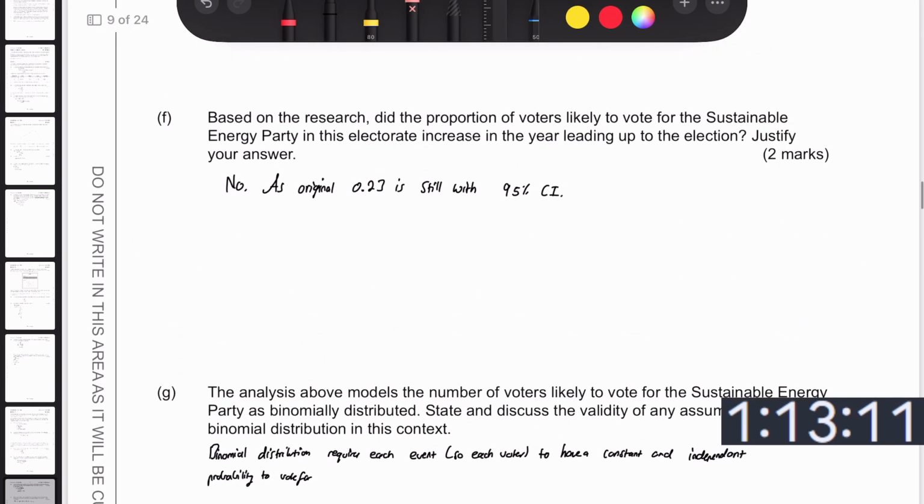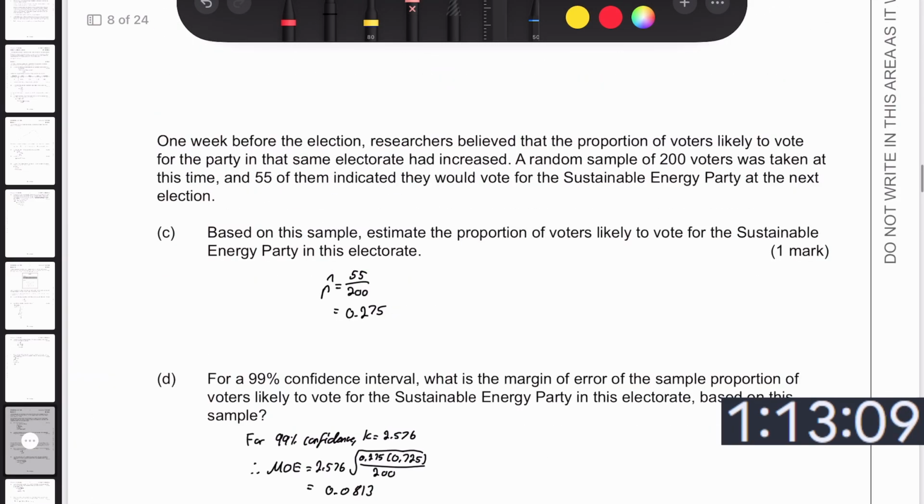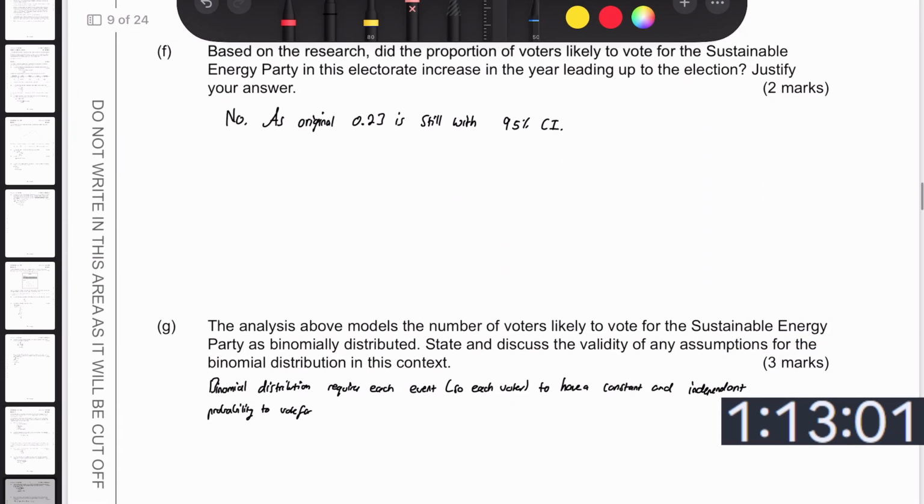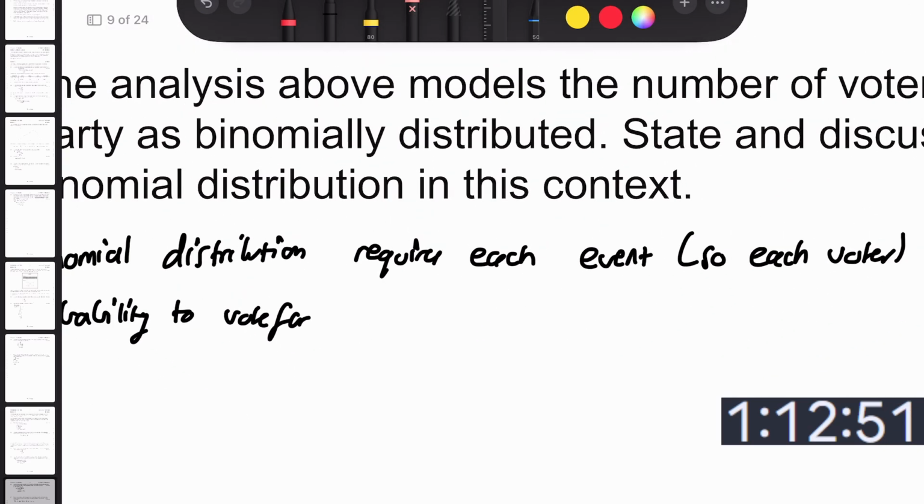I'm a bit confused on what the analysis above is. Validity: voting for the party.